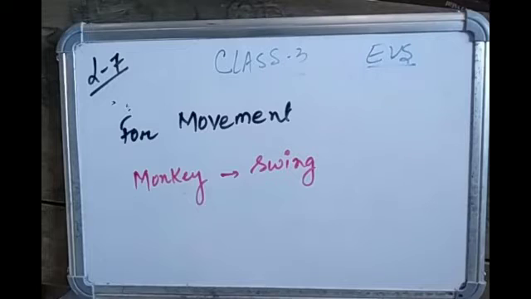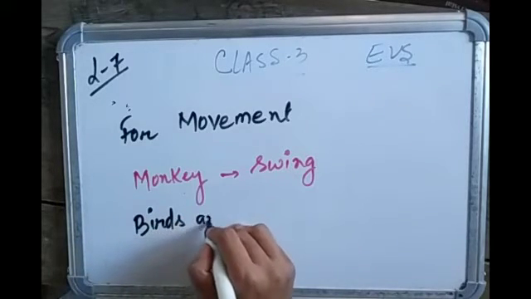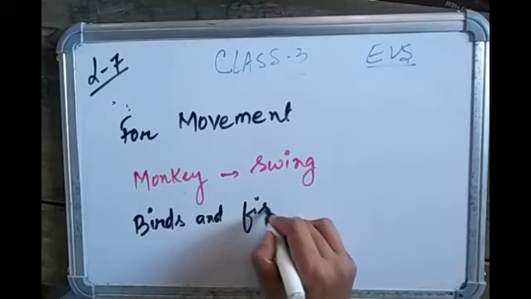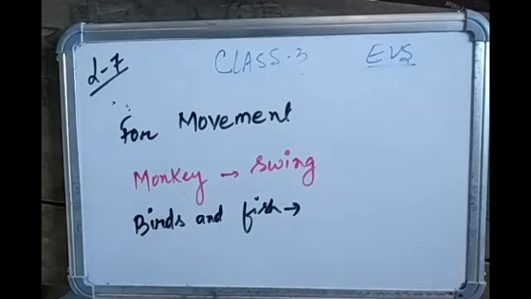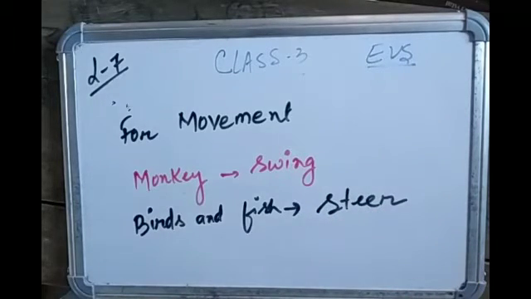And birds and fish use their tails to steer their body in different directions. Cows move their tails to drive flies and mosquitoes away.